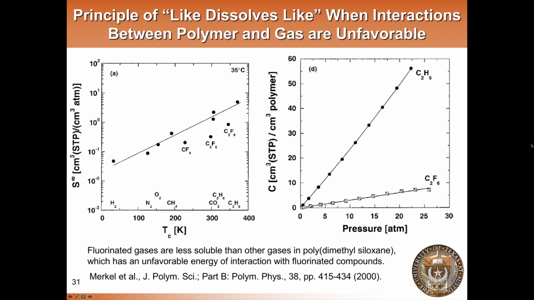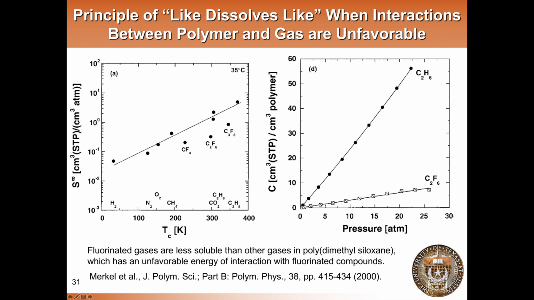And now look at these guys. Here's CF4, perfluoroethane, perfluoropropane, well below the standard line for all the hydrocarbons and other light gases.